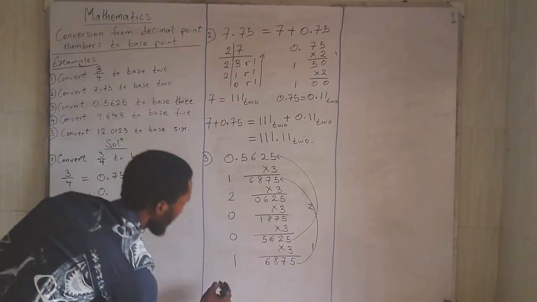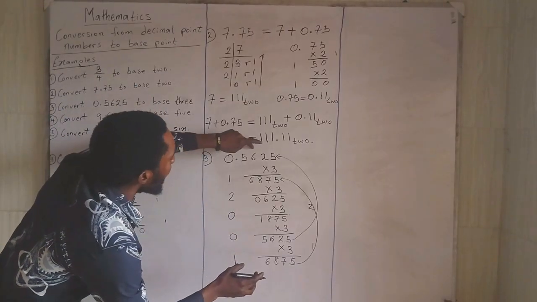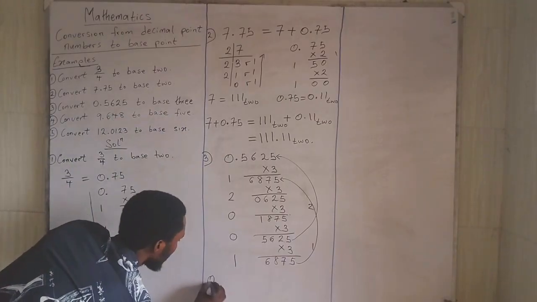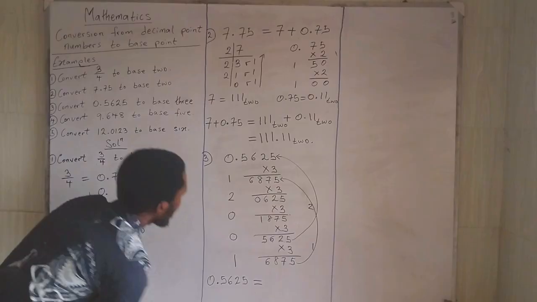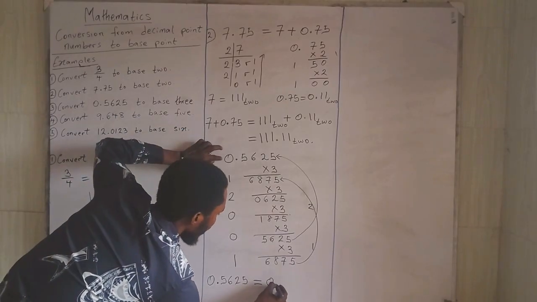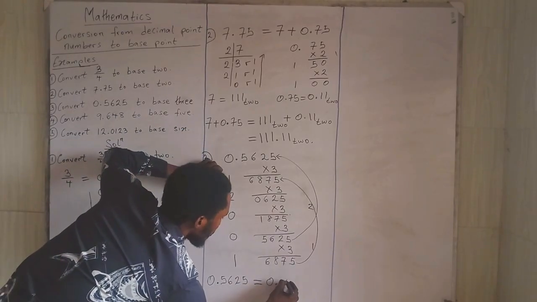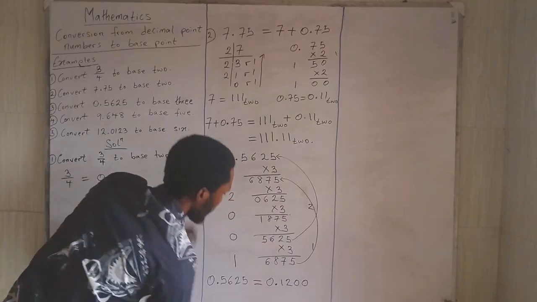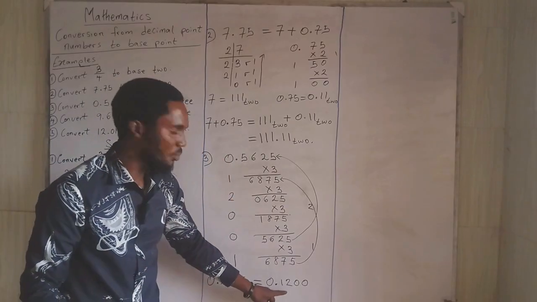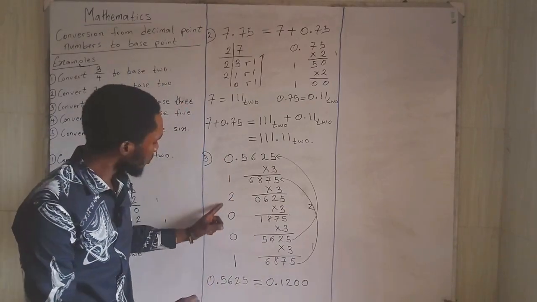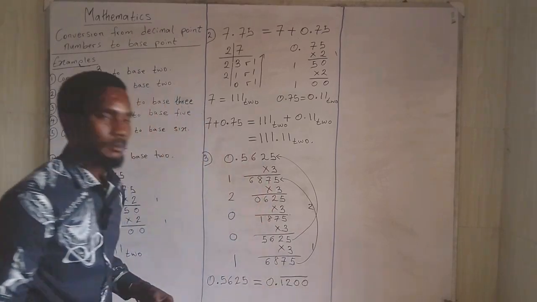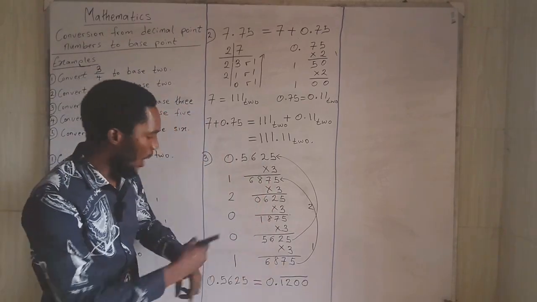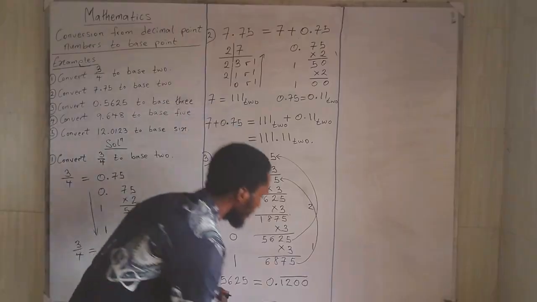This implies that the base 3 of 0.5625 is 0.1200, but this 1200 keeps repeating. This means that 1200 keeps repeating in base 3.